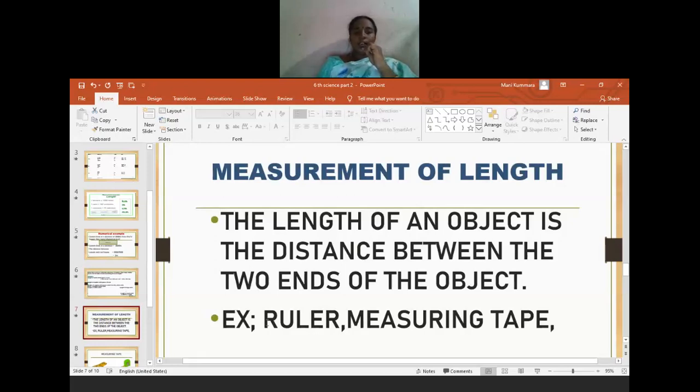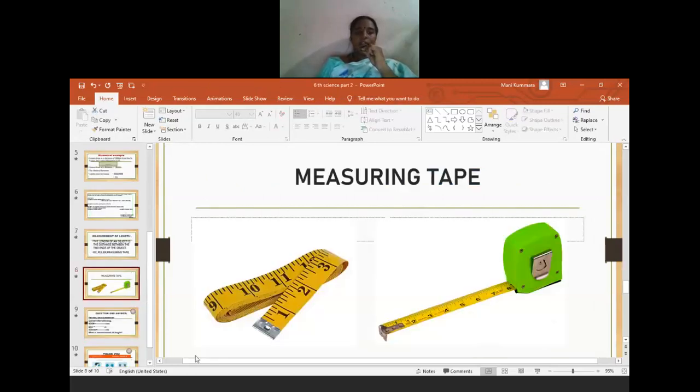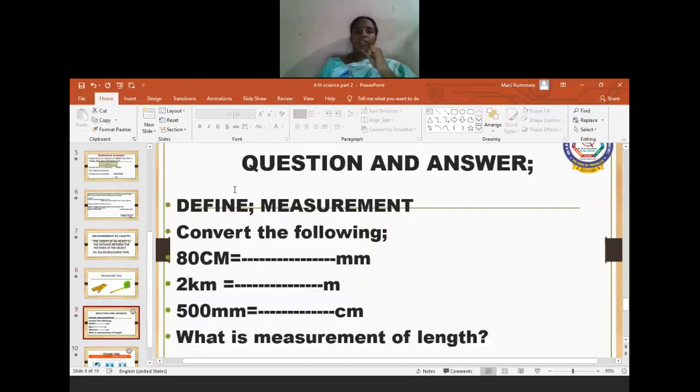For example, some measuring tools are ruler and measuring tape. So this is the measuring tape. Using this we can measure the length of the object. Let us see some small questions. Define measurement.